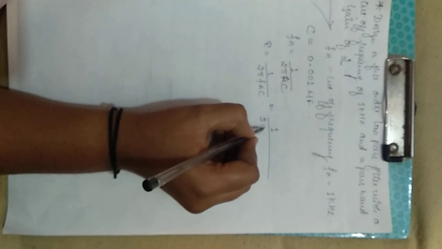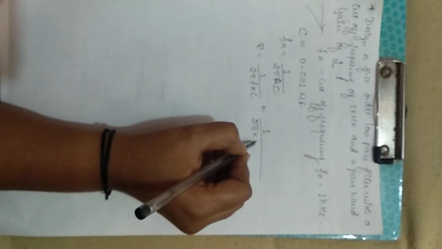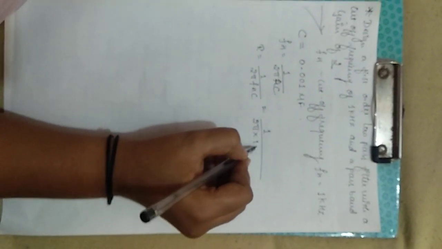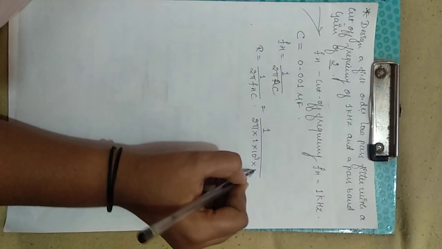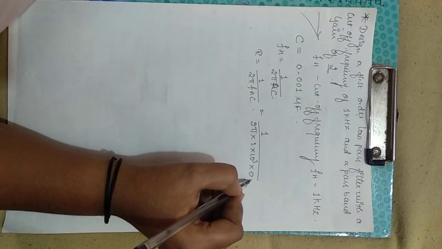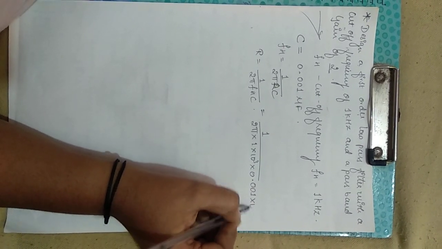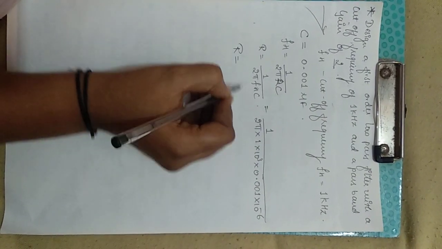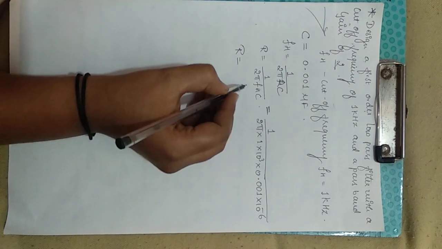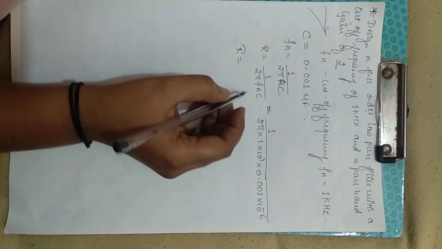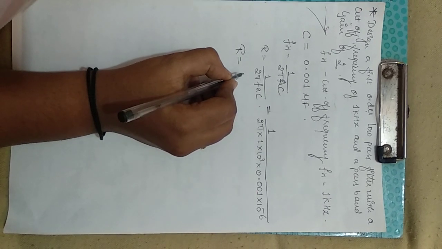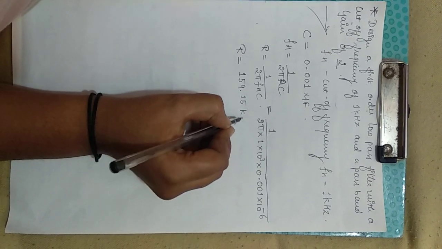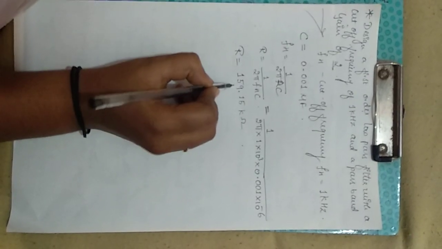So that is 2 pi into 1 into 10 raised to 3 into 0.001 into 10 raised to minus 6. Before you calculate this R, please use the proper brackets. Once you calculate this R, you will get 159.15 kilo ohm.